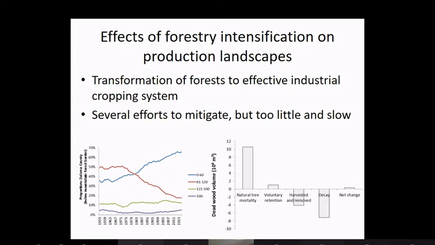So these are the nature conservation actions made in forestry. Of this wood that is left, some is harvested and removed, and some actually decays, because this is based on coming back to the same National Forest Inventory plots. So the net change is an increase, but it's very, very minute.